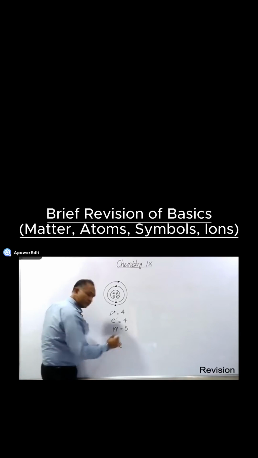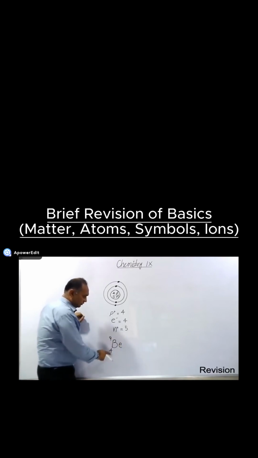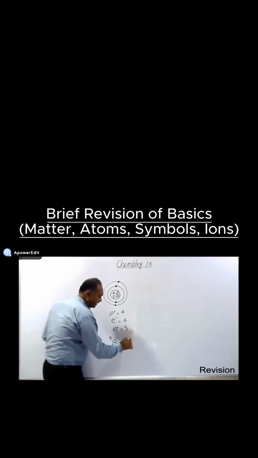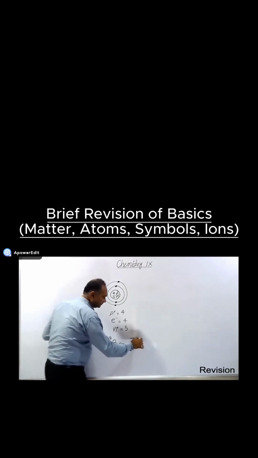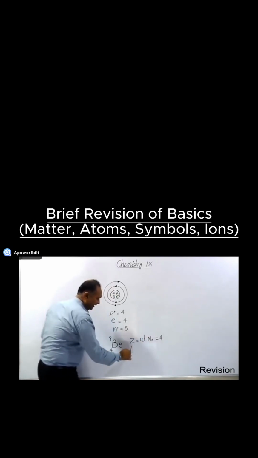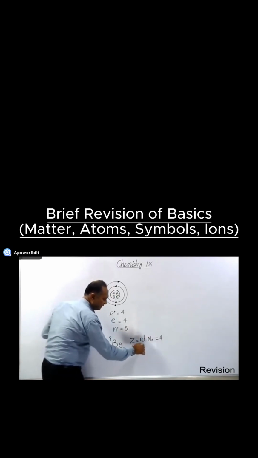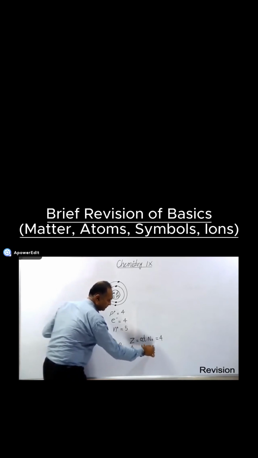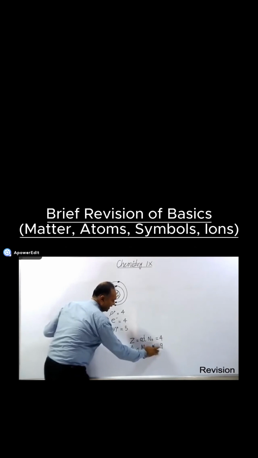Beryllium, 4 and 9. 4 will represent what? The atomic number, which is 4 in this case, and 9 will represent what? The mass number, which is 9 here.